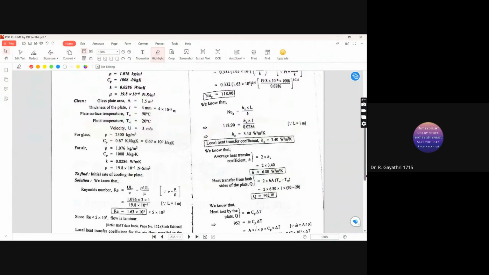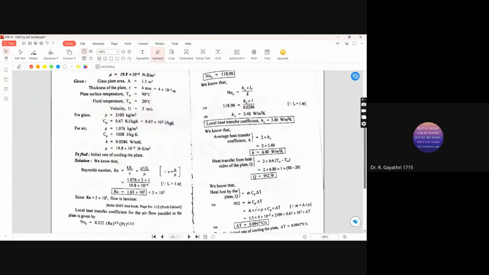Heat transfer from both sides of the plate means 2 times hA (Tw minus T infinity). So for the h value and area, we put the length as 1 meter because only area is given. At the length of 1 meter, we don't know the cross section, so we can take it as 1 meter square. You can take it as 1 meter square.